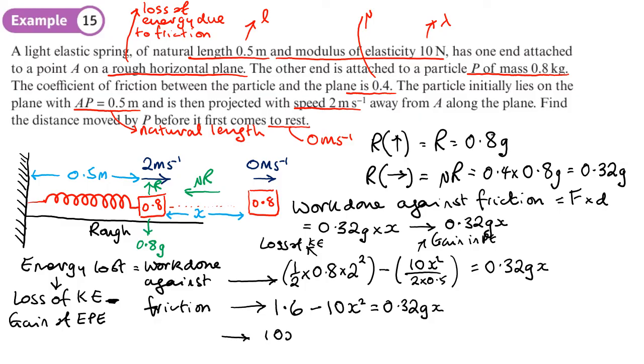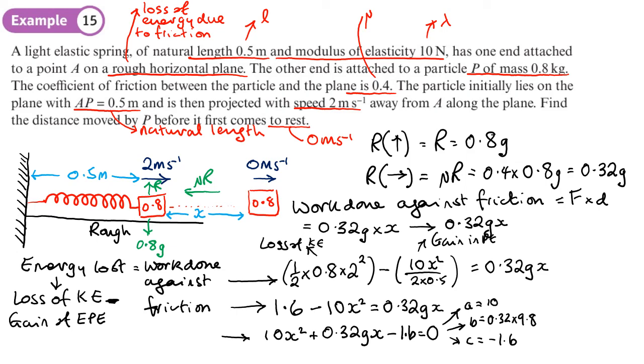If I move that over, 10x squared plus 0.32gx minus 1.6 equals 0. If I was using the quadratic equation, I would have a equal to 10, b equal to 0.32 times 9.8, and c equal to negative 1.6.